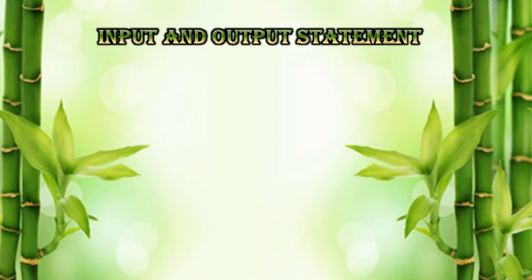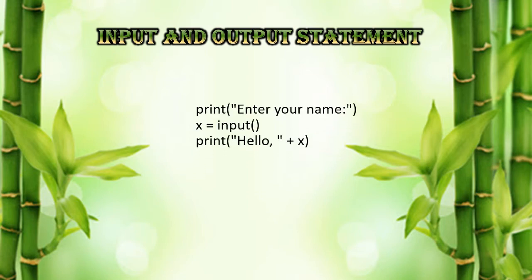Next, input and output statements in Python. For output, to display any value or string, we can use the print statement. See here two print statements: print enter your name just displays a string, and the next prints hello with the x value. For input, we can give the value while we run the program, dynamically, using the input function.